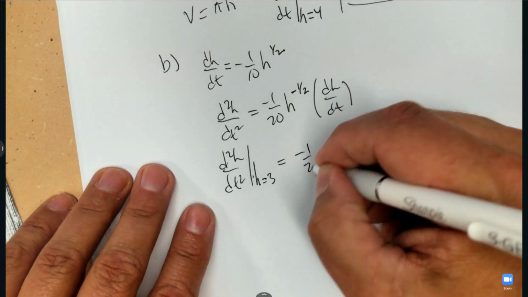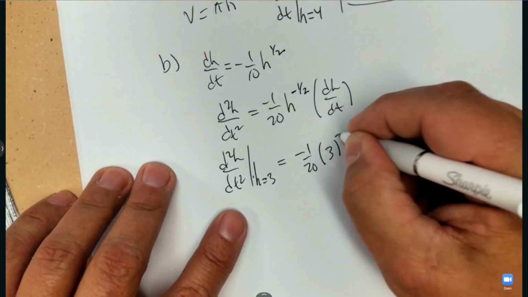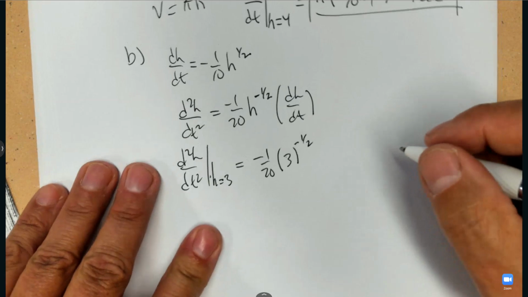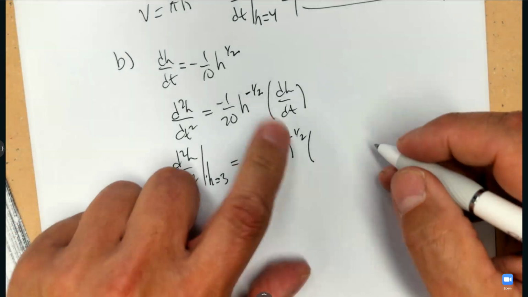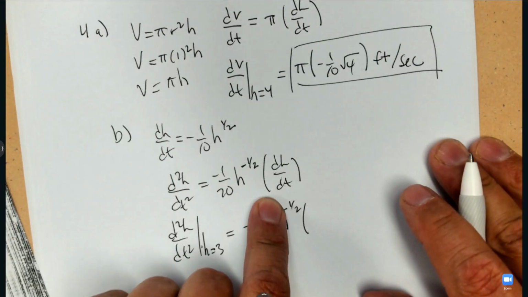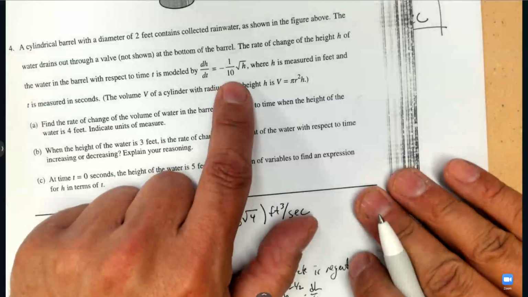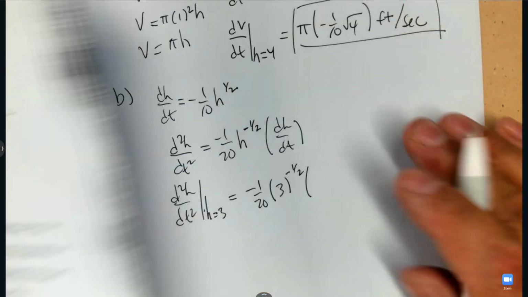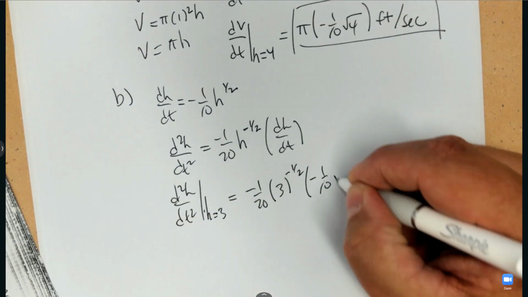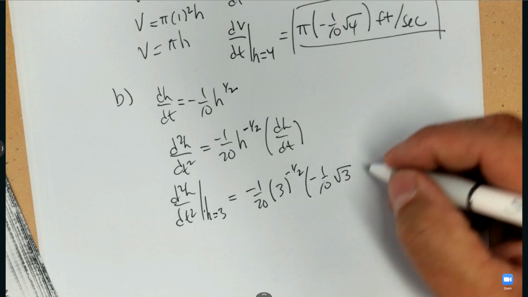So I have negative 1/20. I have 3 to the exponent negative 1/2. And then for the derivative, I'm going to use that derivative formula here. So negative 1/10 and the square root of 3 in this case.